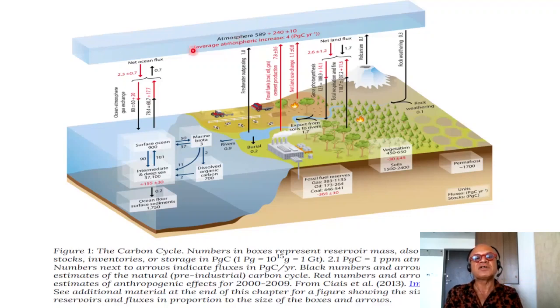So if you have a reservoir size here showing 589 petagrams carbon as a total, then if the atmosphere was in equilibrium, you would take the reservoir size and divide it by the flux, because in equilibrium, the influx would be equal to the outflux. So you will get a residence time, which is the average time that a particular material like carbon dioxide you are considering stays.